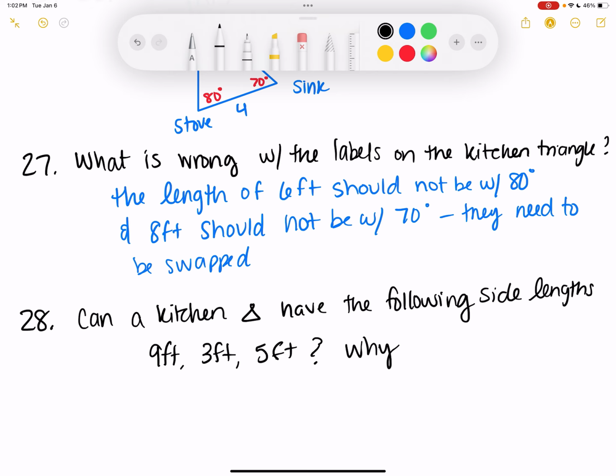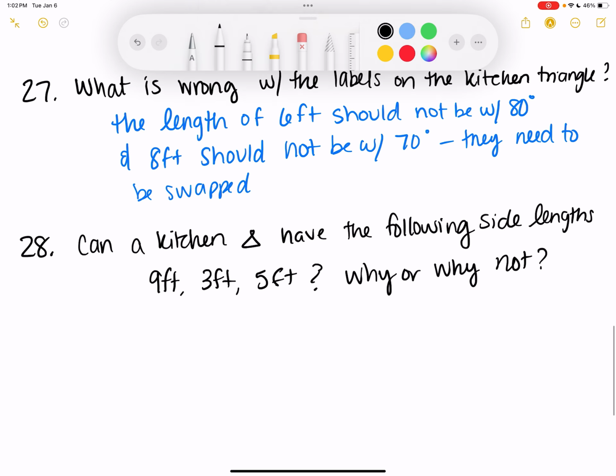Why or why not? They can't because 3 feet plus 5 feet is not more than 9 feet, meaning it wouldn't be a whole triangle. Yep, 3 plus 5 is not greater than 9. So, not possible.